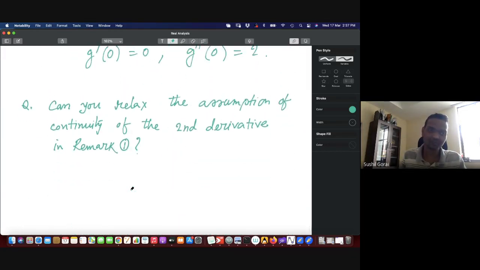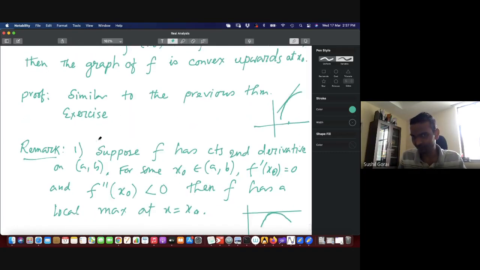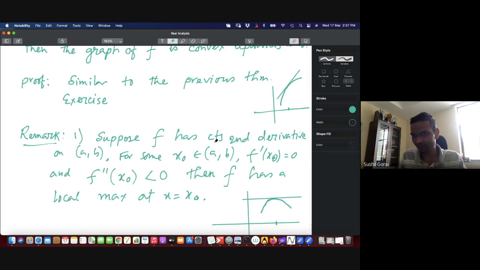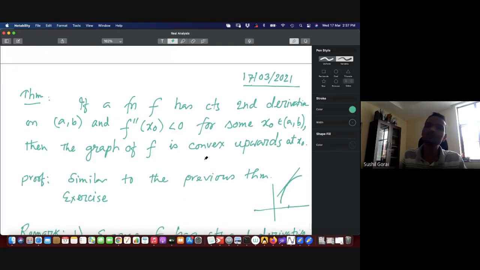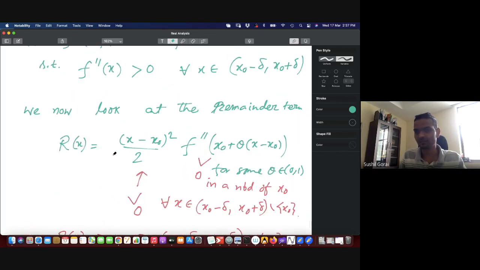All right, so is this question clear? So the question here, in this remark, can you relax the assumption of continuous second derivative? We have used in the proof the continuity of the second derivative to get that the derivative near x naught is greater than 0 or less than 0.